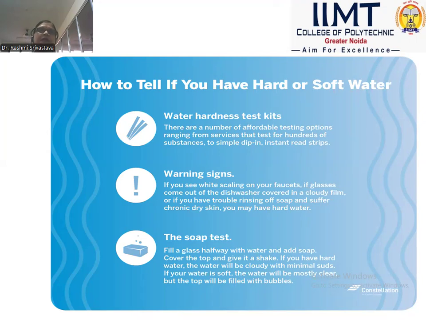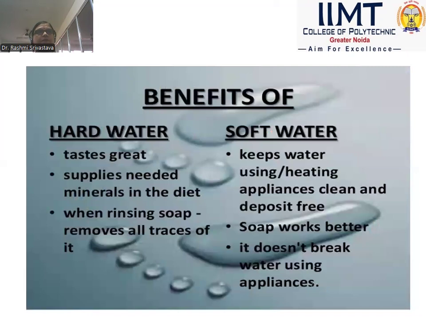The soap test: hard water gives less lather or less foam with soap, detergents, or shampoos, and soft water will easily give foam and lather, and less shampoo and soap is consumed compared to hard water.